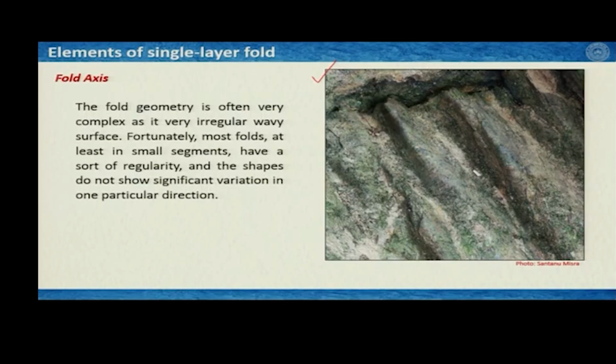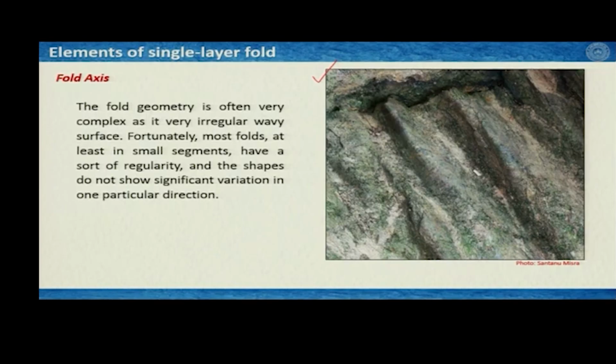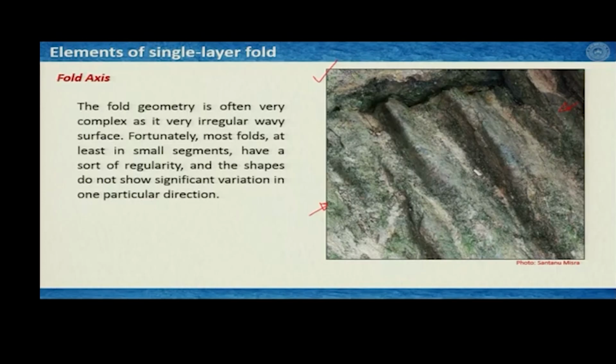Now, what we see here is the folded surface itself. With the shadows, you can figure out that this layer, which was horizontal at one point of time, had a compression from these two sides, and then this layer got wrinkled or folded.